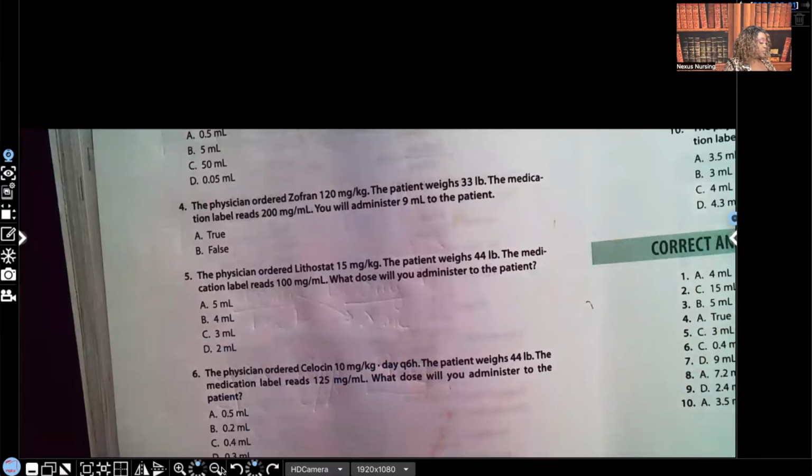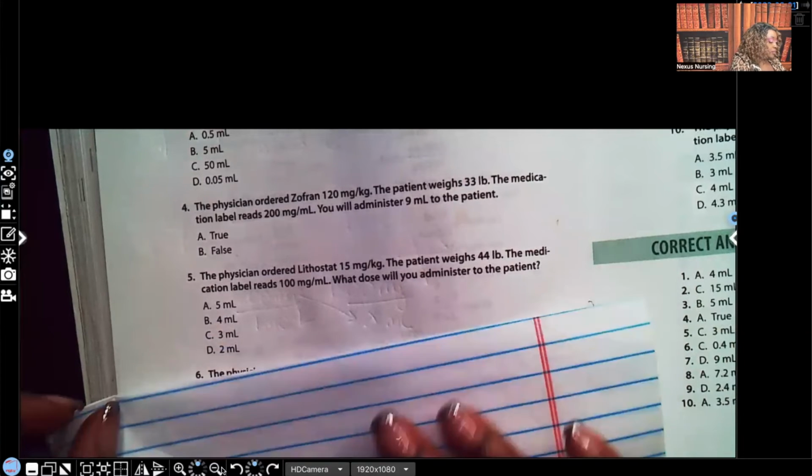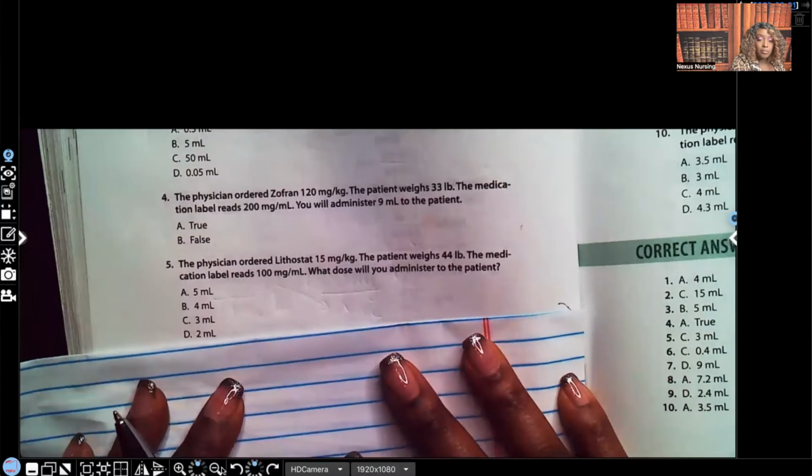Let's do number 5. It says the physician ordered lithostat 15 milligrams per kilogram. Patient weighs 44 pounds. The label reads 100 milligrams per milliliter. What dose will you administer to the patient?